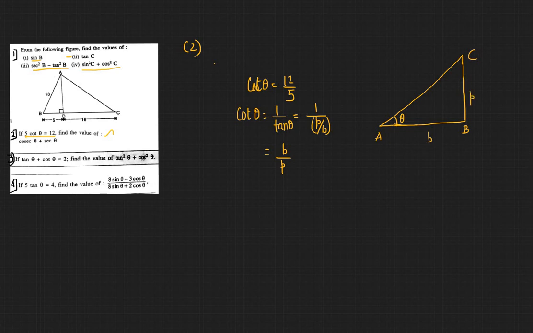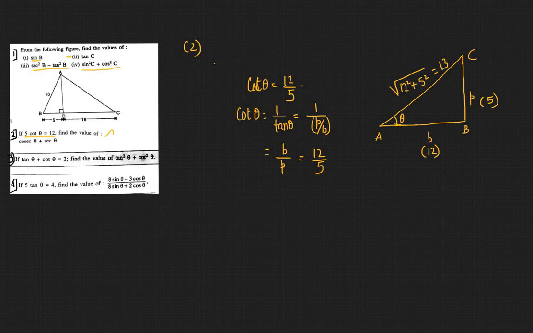That will be cot theta. Alright, so here cot theta is given as 12 by 5, so this is 12 and perpendicular is 5. So let's finish the triangle, and the hypotenuse should be the square root of 12 squared plus 5 squared, that is equal to 13.